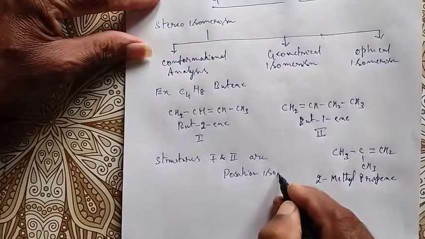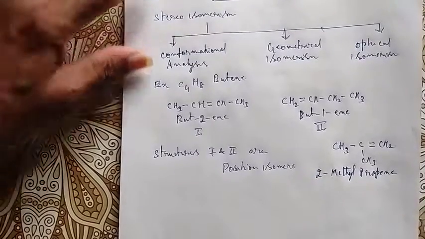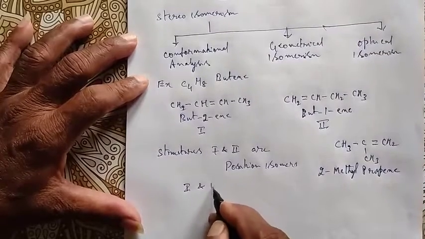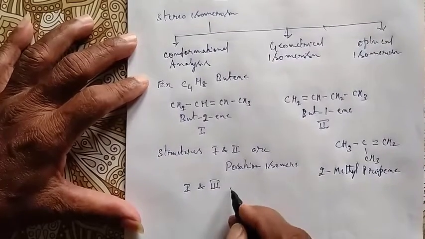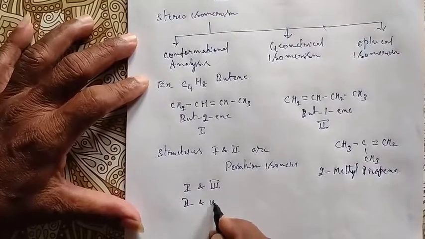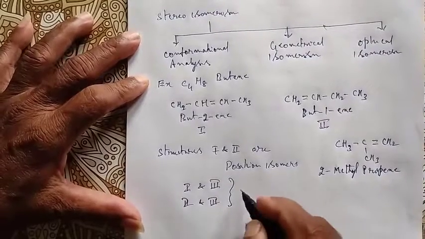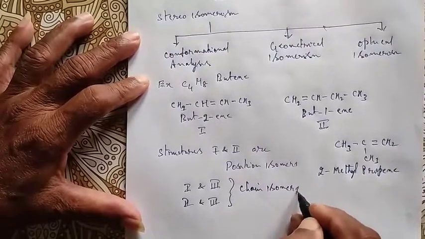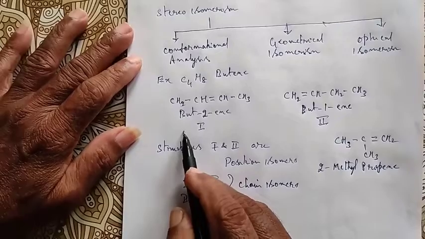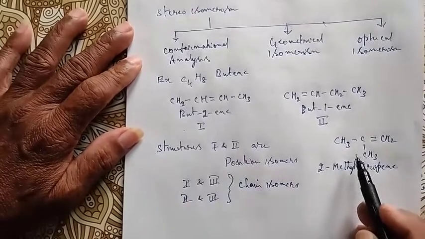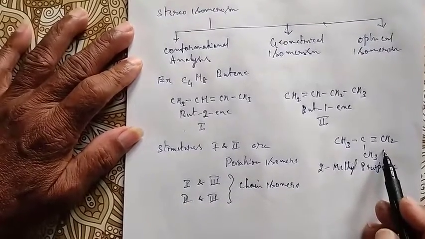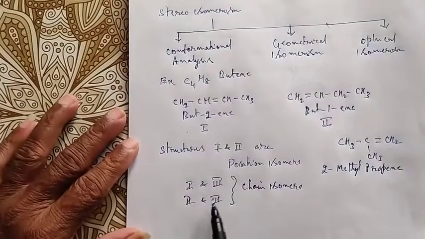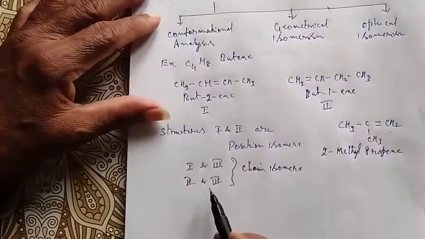Position isomers means they differ in their double bond. Structures 1 and 3, and 2 and 3, these two pairs are chain isomers. In structure 1, 4 carbon atoms are there in a single chain, and in structure 3, 3 carbon atoms are there in a single chain. So the pairs of structures 1 and 3, and 2 and 3, are chain isomers.